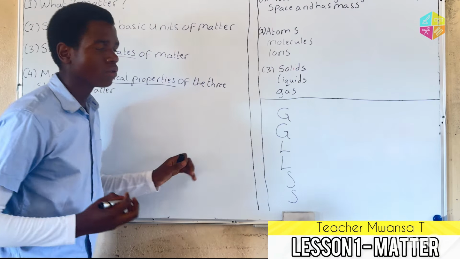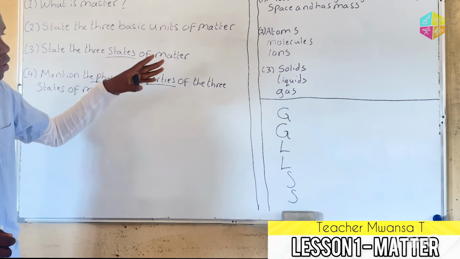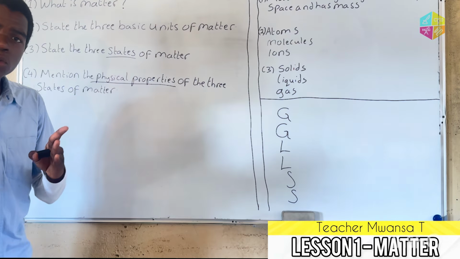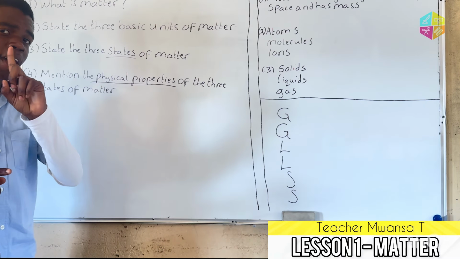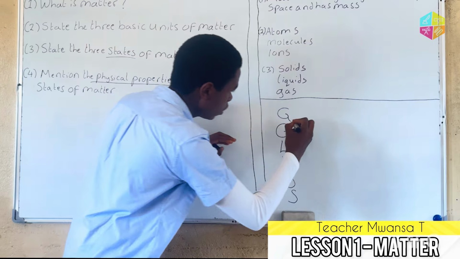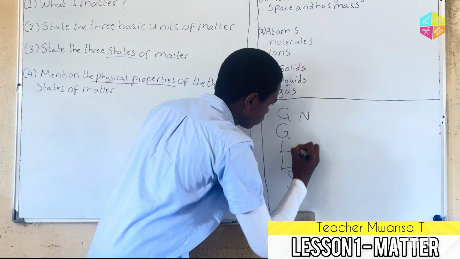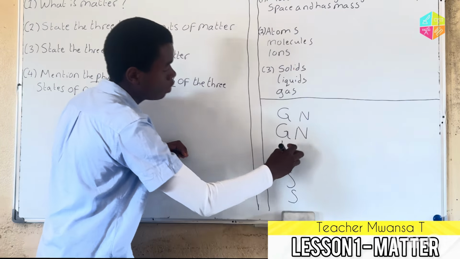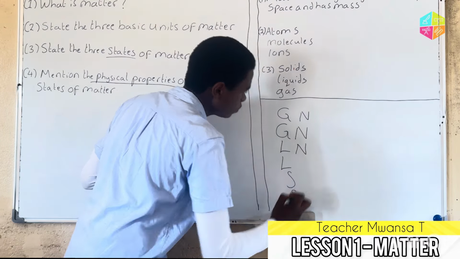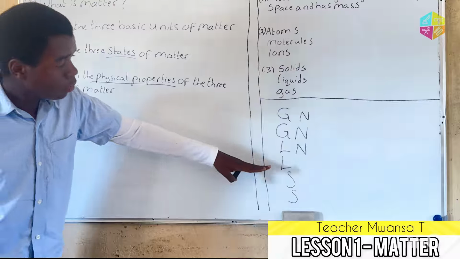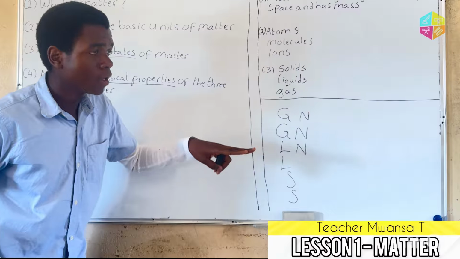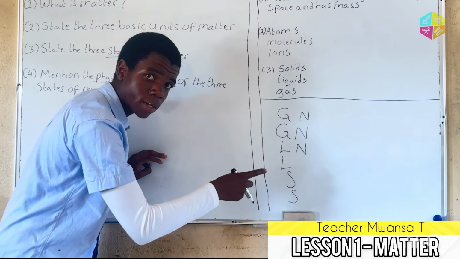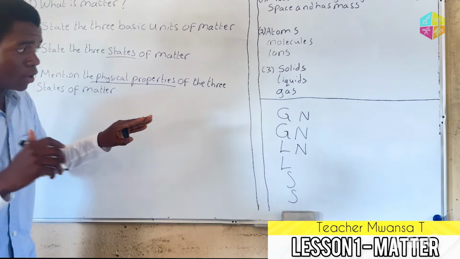Is that right? Okay, so we then go to the middle column. What we have to do here is write the letter N 3 times. For the first G we write an N, for the second G we write an N, and where we have L we write an N. Then we start writing the letter F on the next L. The second L we write letter F. So we have to write 3 N's and 3 F's.